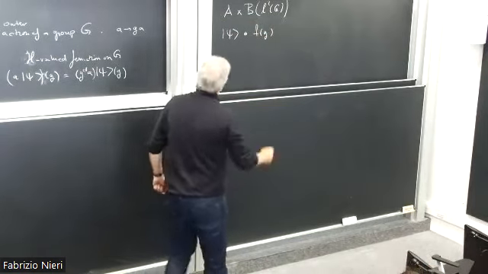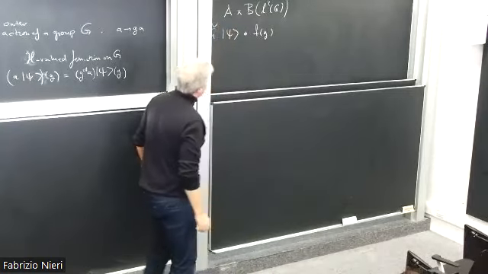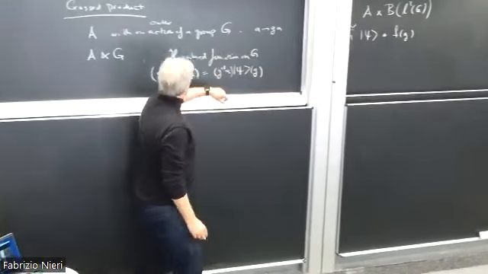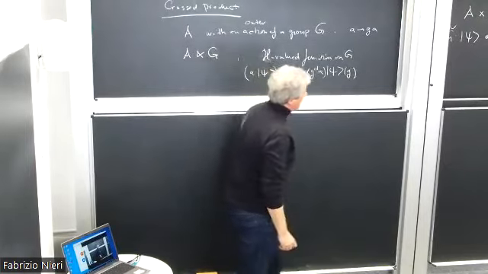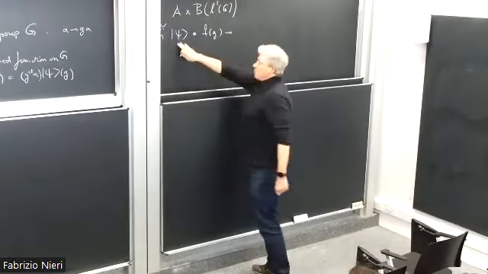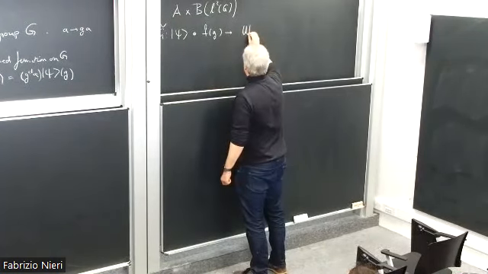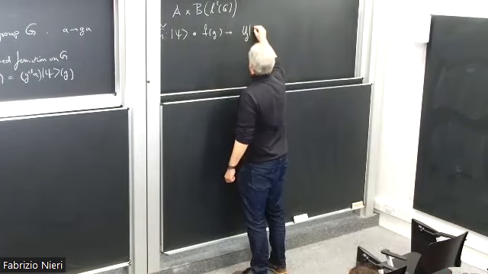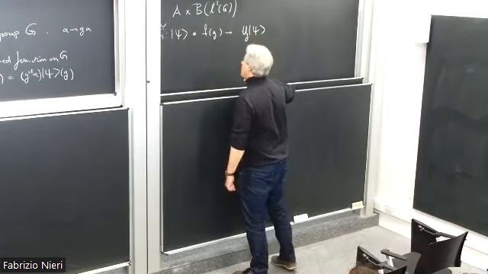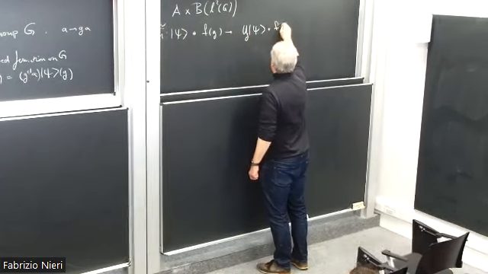But now I can have another action on this, which I call H tilde. That's the same group, but it's not the group that I'm going to take the cross product with. Namely, I can take this because there is a representation of the group, let me call it U, on psi of G. And then I indeed take the right action.